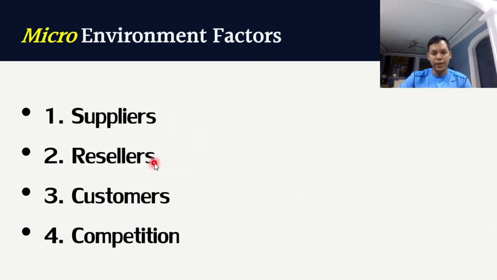For example, if we manufacture certain products and we have good resellers, we can also be affected positively if the resellers are good in marketing or selling products. Okay, because they will ask us, for example, if we are the manufacturer, to produce more products.